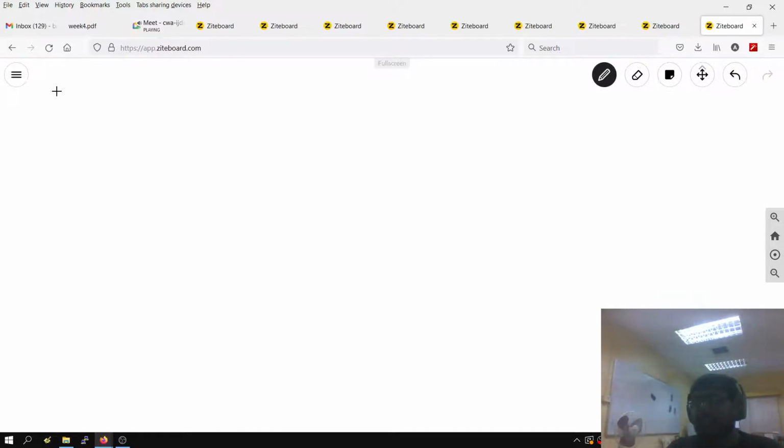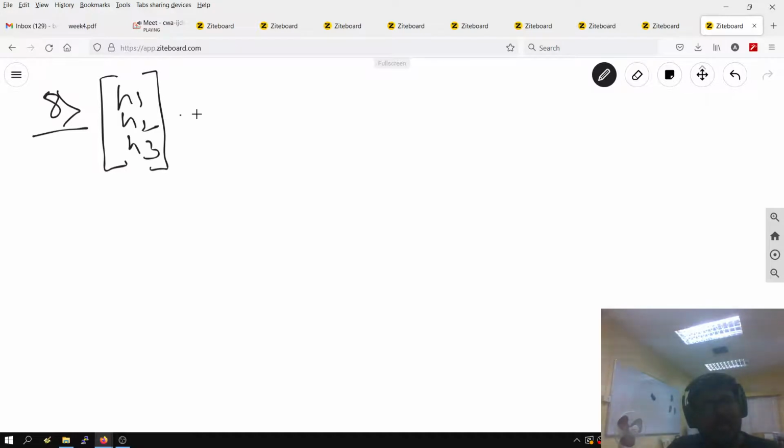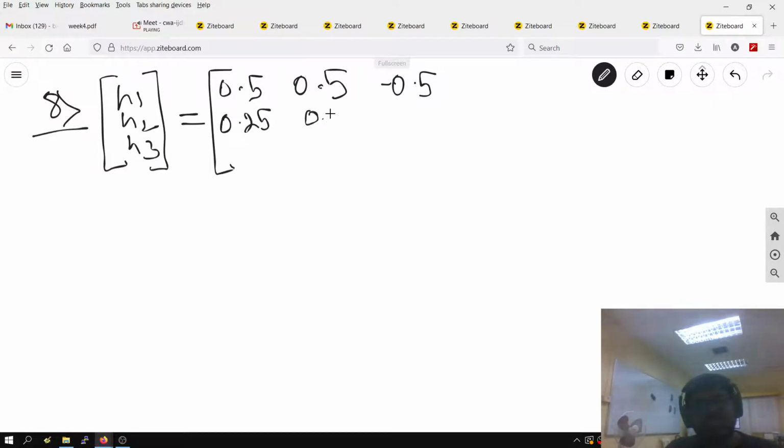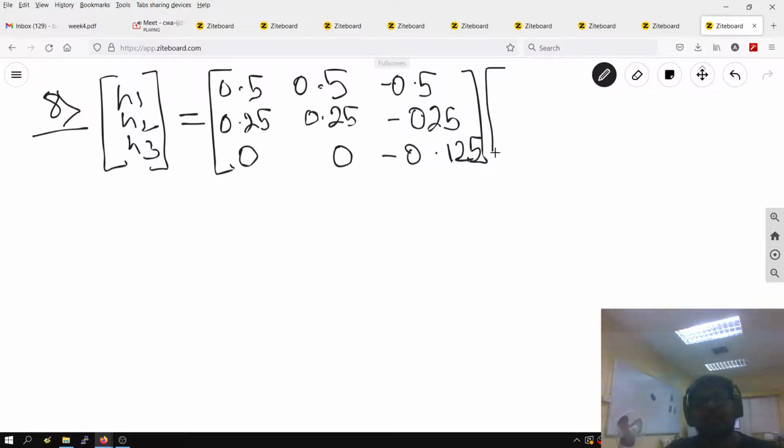The question is 8. This is given like this: h of 1, h of 2, h of 3, and what is given? This is 0.5, 0.5 and minus 0.5. Also given like 0.25, 0.25 and minus 0.25, 0, 0, minus 0.125, and the things are given A1, A2, A3.